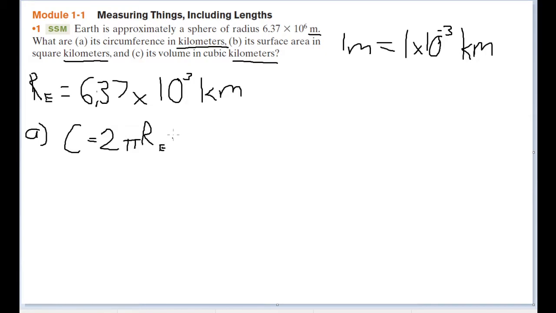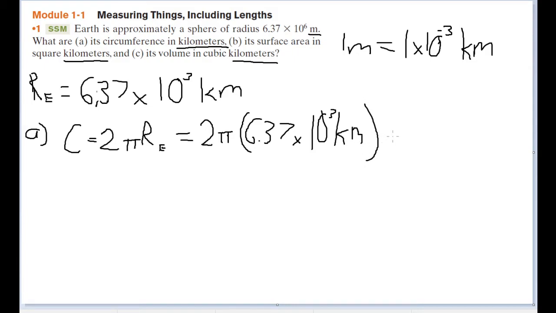It would be very good to know this by heart, because with problems like this, especially in physics, it comes up a lot. It's pretty simple though, so it shouldn't be too hard to memorize. So we're going to sub in our values, so it's going to be 2 pi times 6.37 times 10 to the 3rd kilometers.